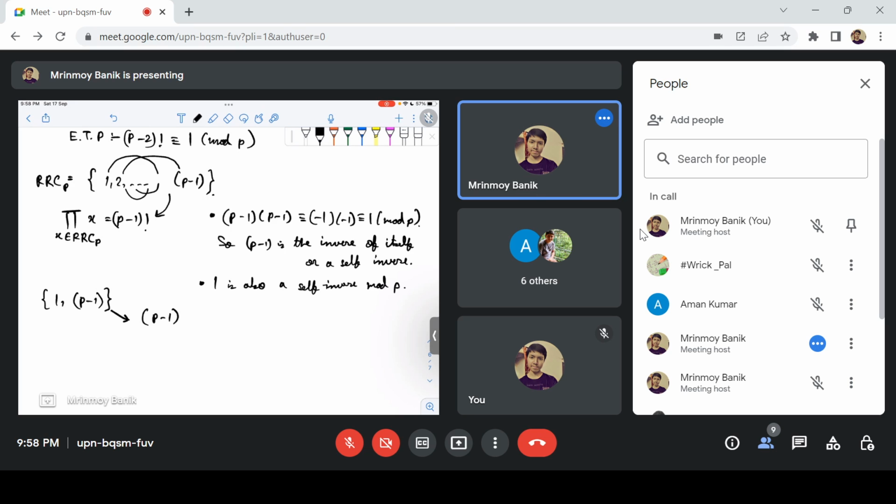so okay, what is the product actually congruent to? So you see, p minus 1 factorial is basically equal to the product of each of the elements in the reduced residue class of p, and that is equal to, if we club the inverses, x times x inverse.